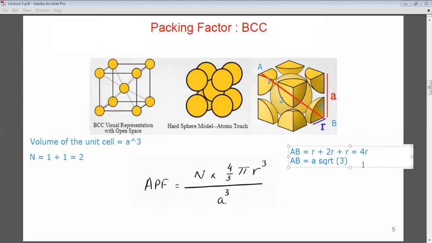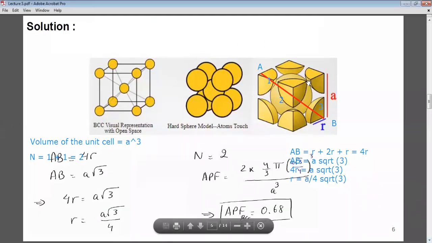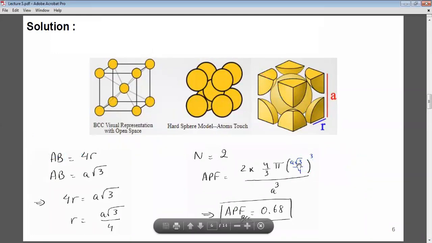You will find derivations everywhere showing that the long diagonal inside the cube is A square root of 3. So now I have 4R equal to A square root of 3, or R equal to A square root of 3 over 4. And we know that N is equal to 2. So now instead of R, I put A square root of 3 over 4, and A, I keep it, and I put 2, and I find the answer.